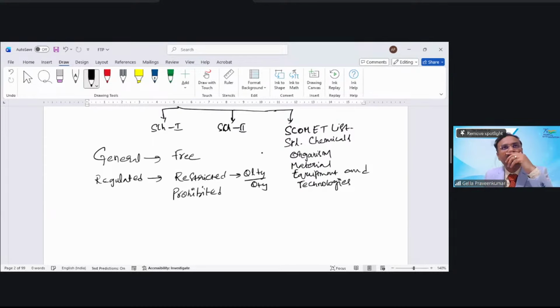For example, we have studied this concept called anti-dumping duty, countervailing duty, right?